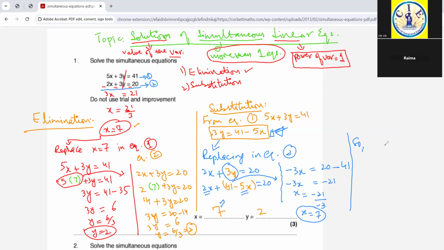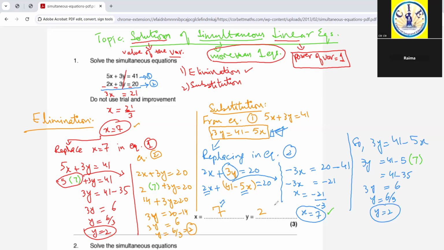So 3y equals 41 minus 5x. 3y equals 41 minus 5 times 7, because here I need to replace the value of x, which is 7. 41 minus 35, this is 6. And then shifting this 3 to the other side, 6 by 3. So the value of y is 2.